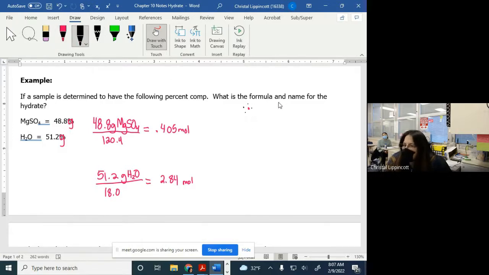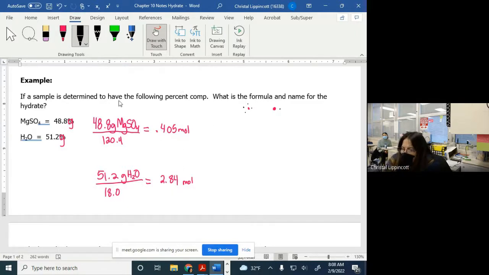So the least you could have would be 1 to 1, and in that case, these would be equal to each other. In any other scenario, you're going to have one crystal with waters attached to it. So if this number comes out greater than this number, you probably did something wrong. Does that make sense? Okay.